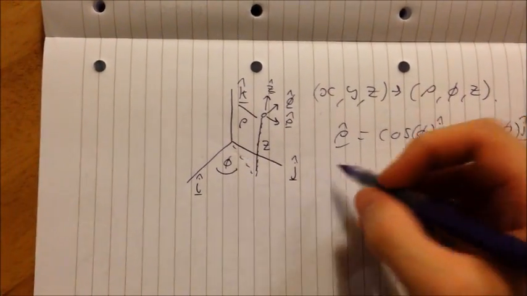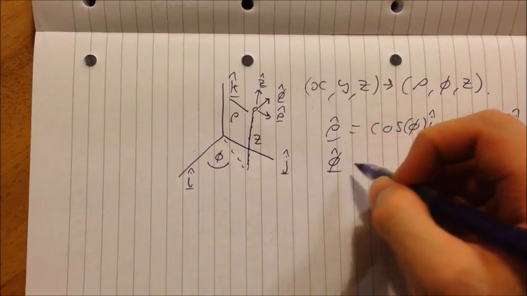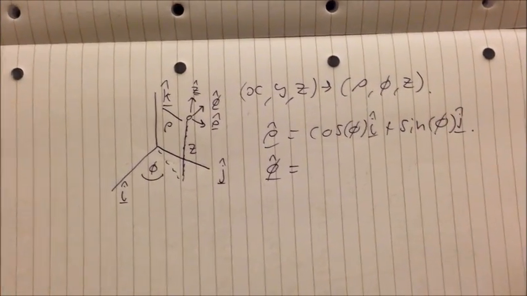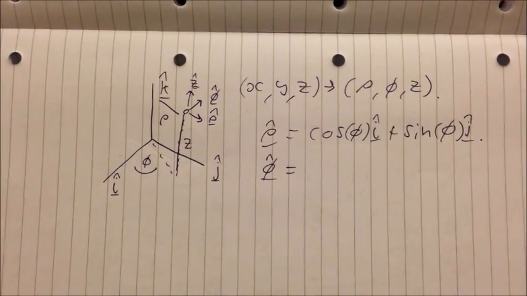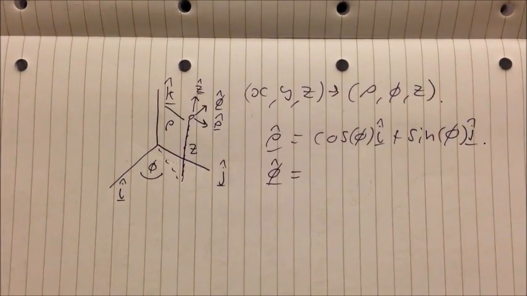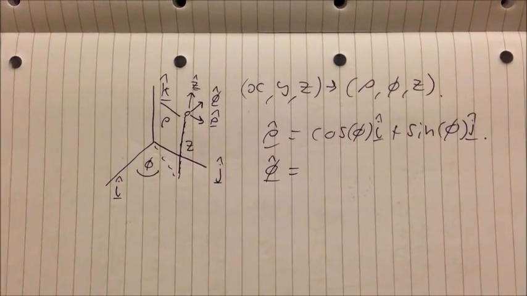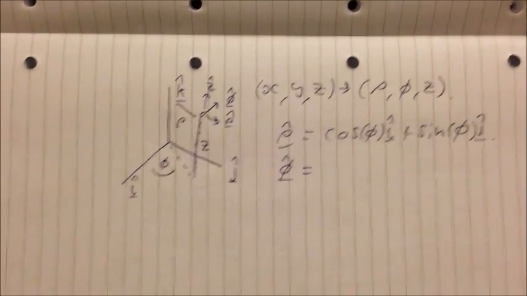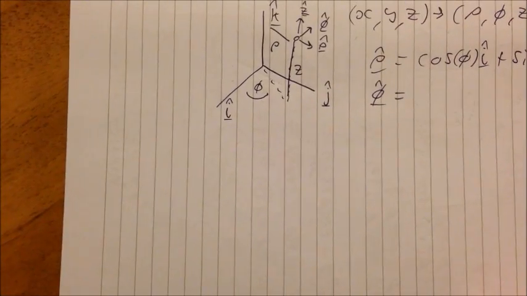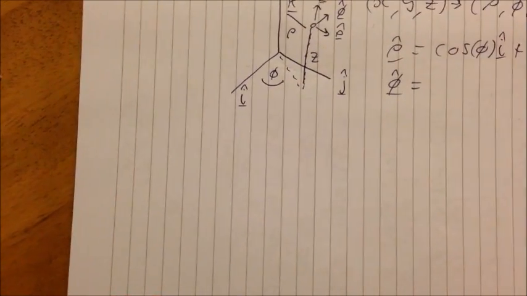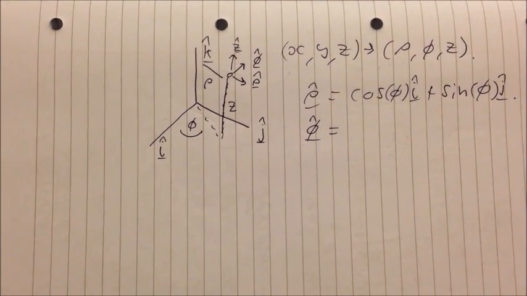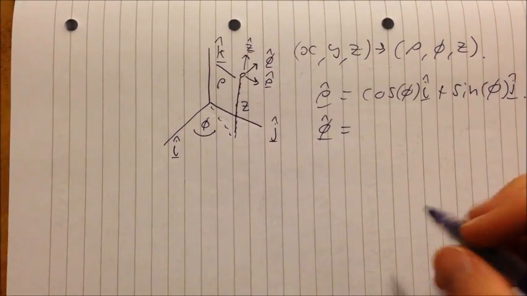Okay, and then for phi, there are two good explanations for phi. Firstly, I'm going to explain it using the physical interpretation of this diagram. I'm going to draw the phi unit vector in the ij plane only.